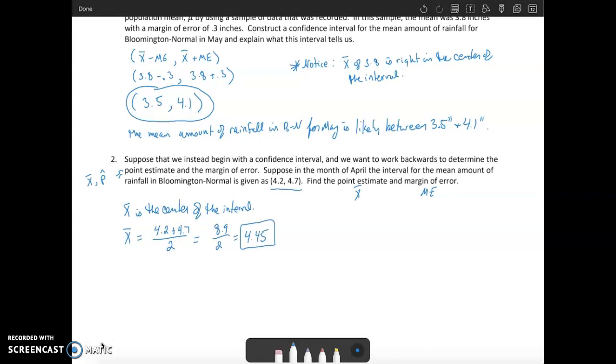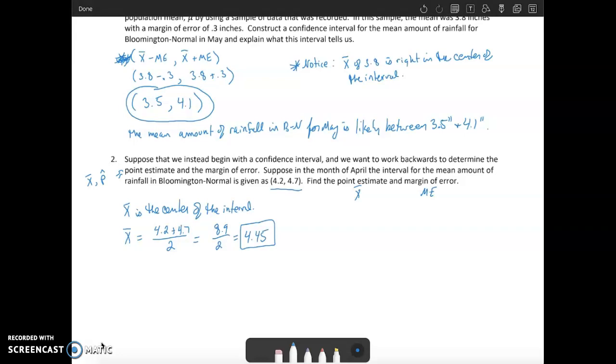And then we can use the idea where we started in number 1. Remember that to find the lower limit, we were doing X bar minus the margin of error, and to find the upper limit, we were doing X bar plus the margin of error.